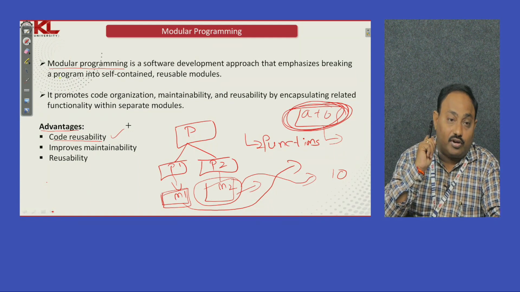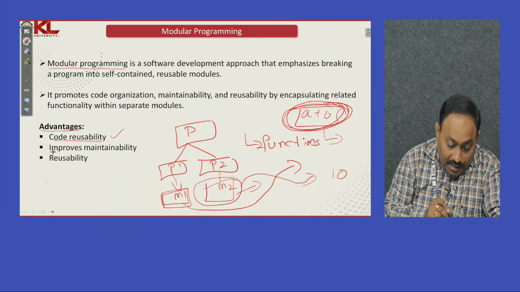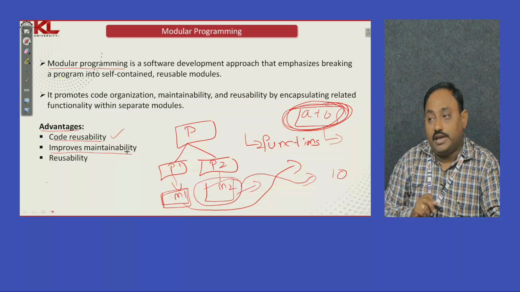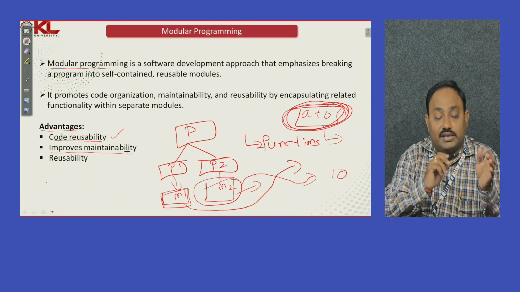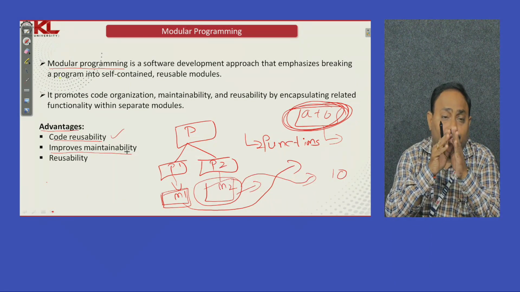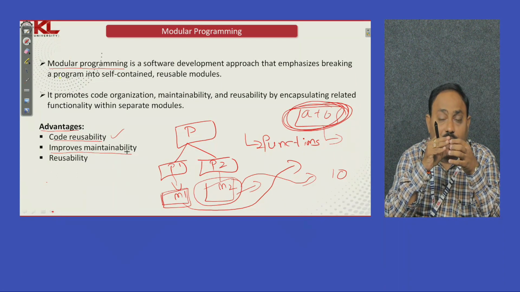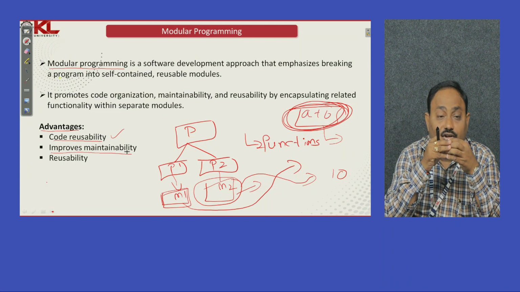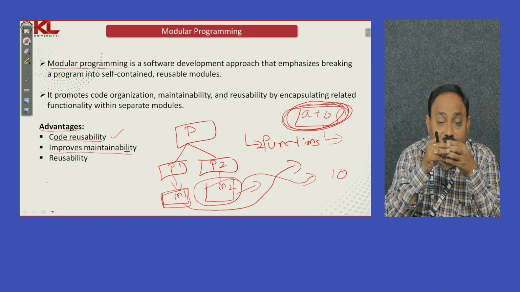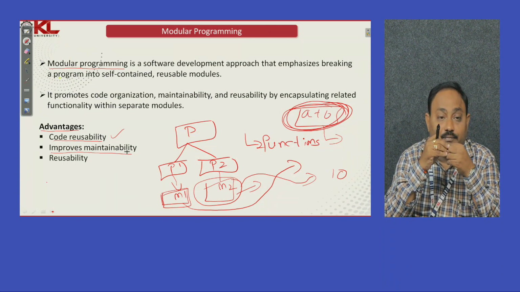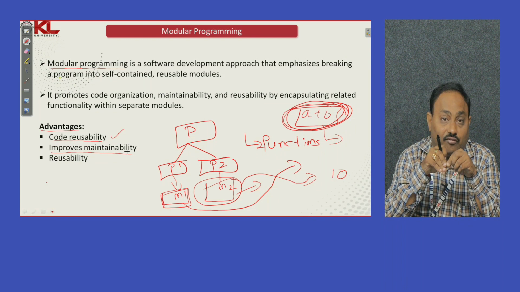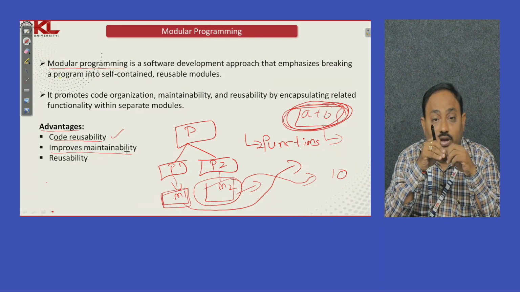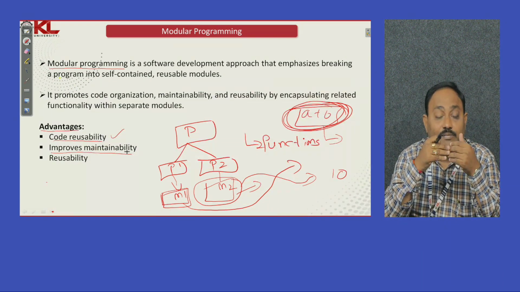The second advantage from this is it improves maintainability. Let us consider a problem. If you define a problem at a stretch, what happens? It is very difficult to manage the code while debugging or developing, because if any mistake was committed at any line in the program, we have to validate the entire program.